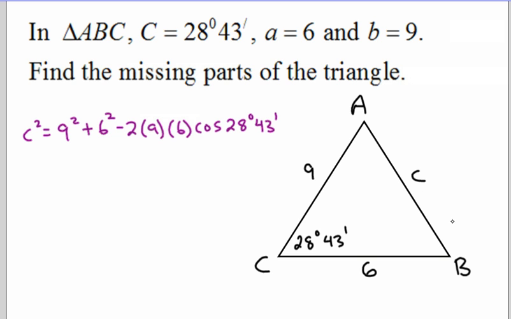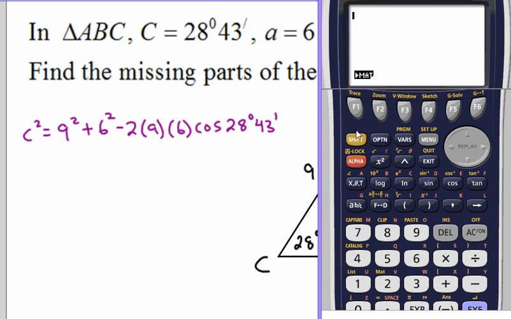Right? It's always the side you square and put by itself that is going to equal the sum of the other two sides squared, minus twice the product of the other two sides times the cosine of the angle. Okay. So once we get that set up, we can do the rest in the calculator right here. This is what C squared equals, so I'm going to take the square root of 9 squared plus 6 squared, and then minus 2 times 9 times 6 times the cosine of 28 degrees, 43 minutes.